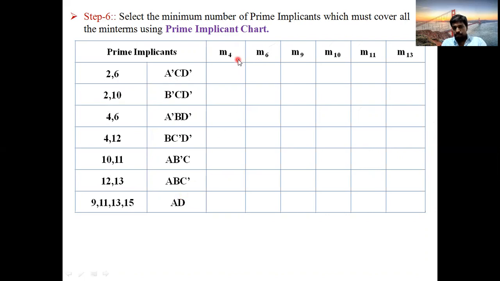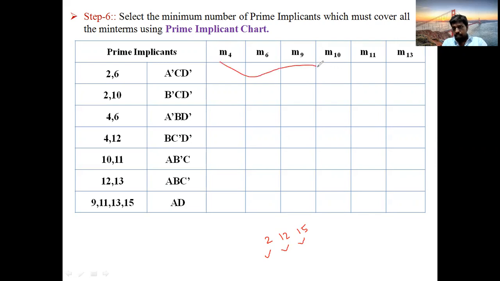Now while writing the columns, you should not involve the cells present in don't care. Generally, what are the given don't care cells? 2 is under don't care, 12 is under don't care, 15 is under don't care. So you should not include these values in your columns. M2, M12, M15 should not be included here.